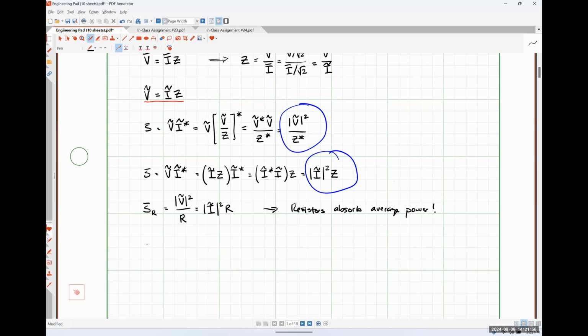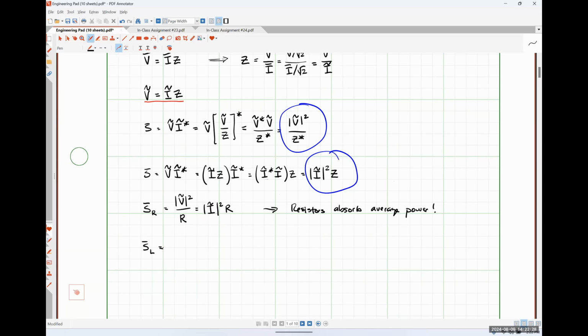If we look at an inductor, what is the impedance of an inductor? Is it J omega L? Exactly right, Baylor. Thank you for that.